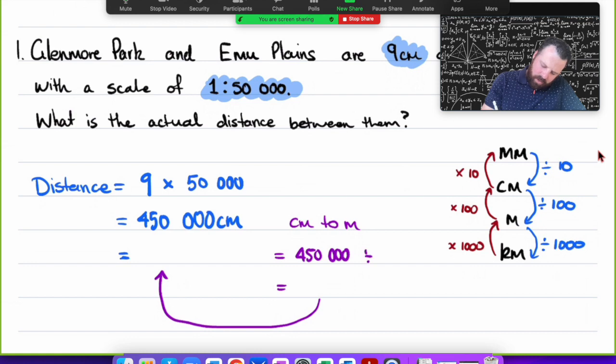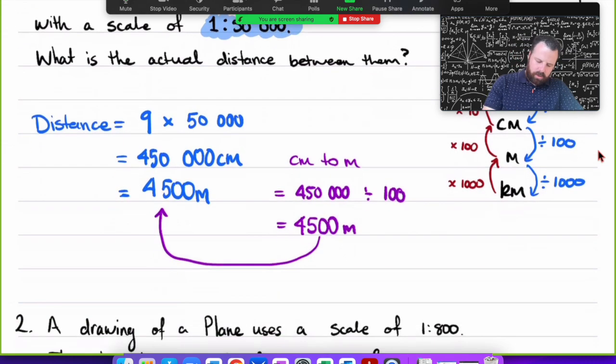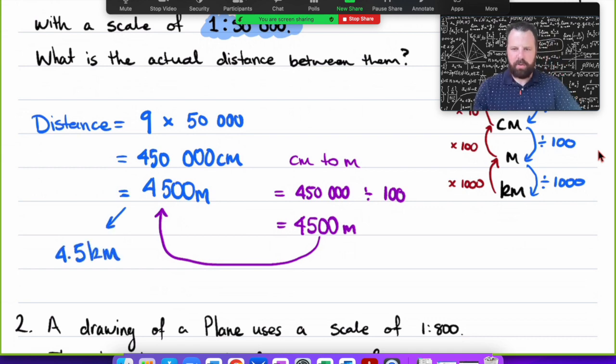So what I'm going to do is take 450,000 and divide that by 100. And when we divide that by 100, we get 4,500 meters. So the distance is 4,500 meters, which is also, just for fun, 4.5 kilometers away from each other.